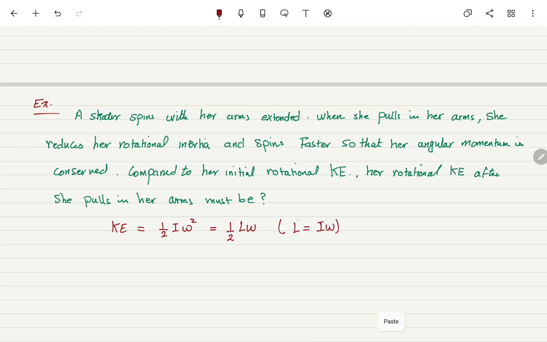Now, since L is conserved, a larger omega will produce larger rotational kinetic energy. The extra energy comes from work she does in her arms. So the rotational kinetic energy after she pulls in her arms must be larger because she's rotating faster.